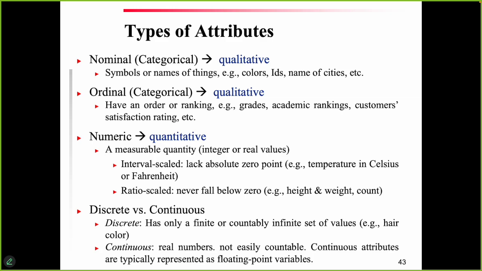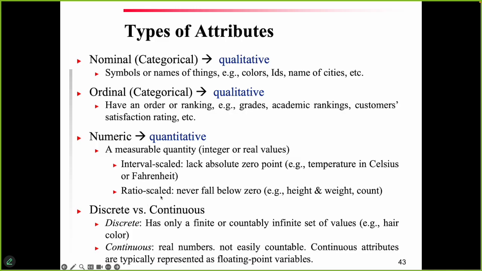temperature. Another way to recognize this is with the ratio scale. In general, for interval scale, you have to remember that 0 doesn't mean the absence of quantity. So 0 in temperature doesn't mean no temperature. However, if you have, for example, height, weight, number of students, these kinds of features are ratio scale. First of all, they're numeric because we can measure them.